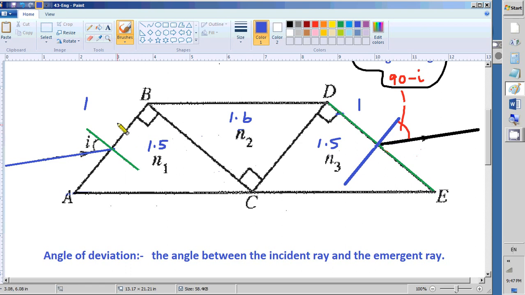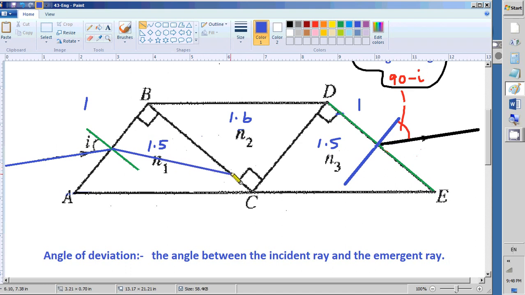Then we have to consider this incident ray is entering to a medium whose refractive index is higher than the medium of this incident ray. So it is entering to this higher refractive index medium, so it must turn towards the normal.